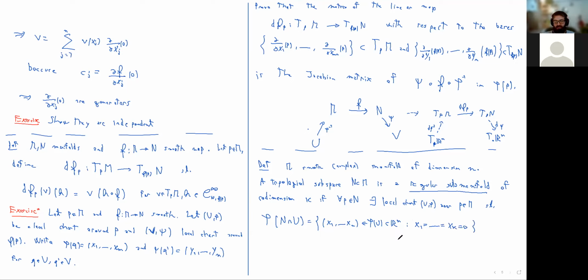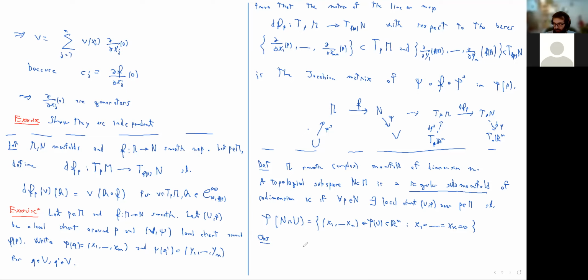So what we're saying is that a topological subspace is a regular submanifold if locally it's nothing but a flat subspace. I mean, it doesn't need to be flat. It's equivalent if I ask that the first k coordinates are 0, or that I have k independent functions which are 0. So it's just an n minus k dimensional subspace.